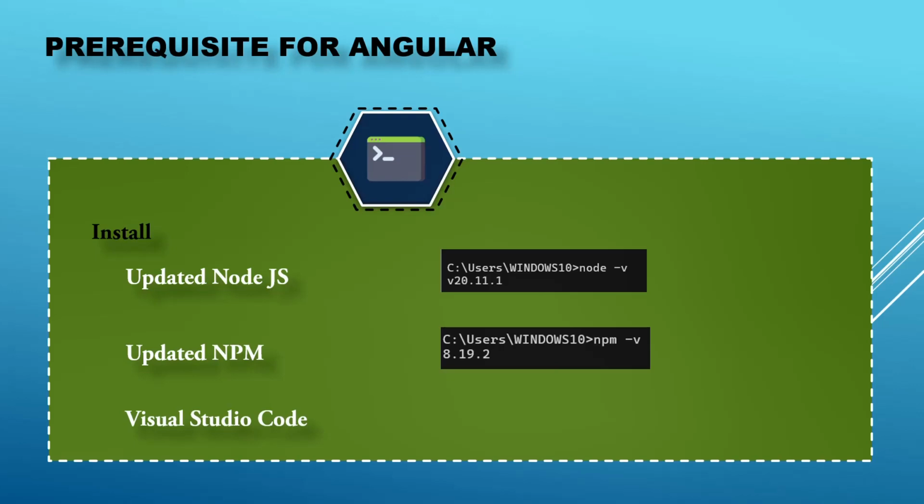It will give you simplified Angular code, and it will give you multiple options, like error detection while you are typing or doing some coding. It will show you errors and all these things. So that's why we need to use Visual Studio Code.